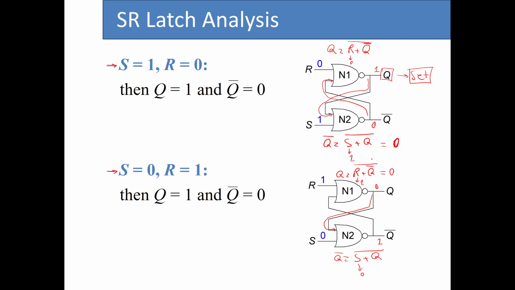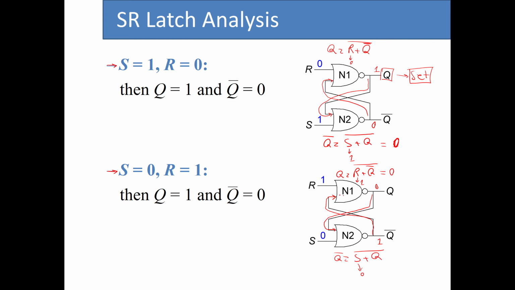So now let's just check and make sure that this value being 1 doesn't change the value for N1. So we have 1 being delivered as the other input. So we have 1 NOR 1, which in fact is going to be 0.